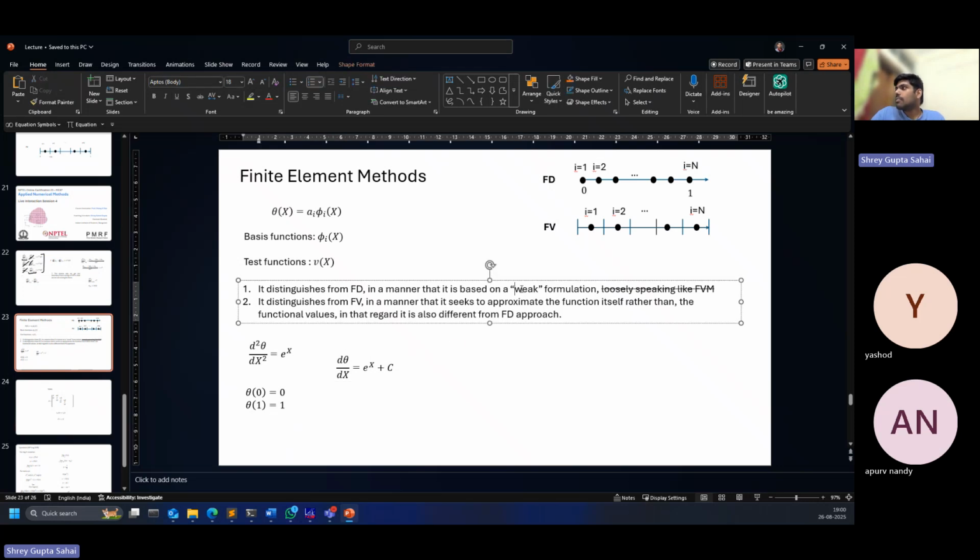That is why it is a weak formulation: it is not exactly satisfying the PDE at a given point, but over a region. I'm saying that over a region it is roughly the same, but at the exact point, I don't know. At the exact point, the error might be large.